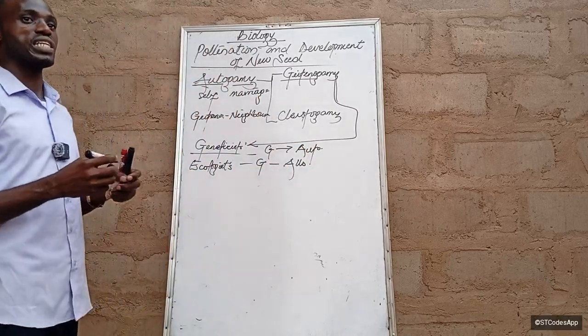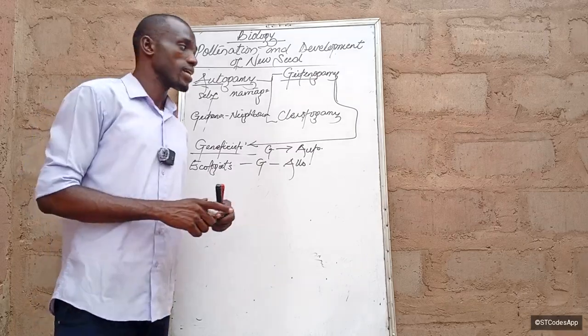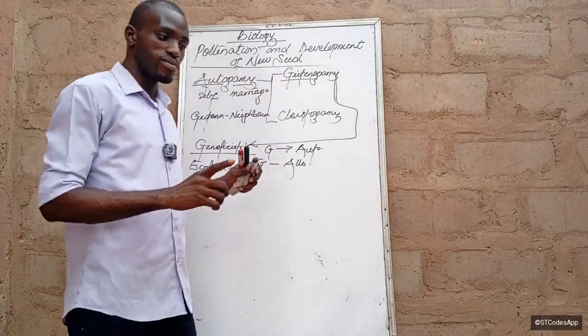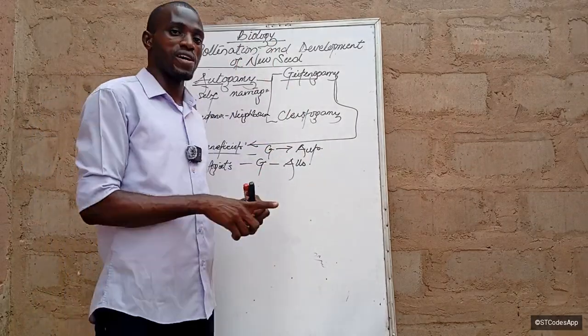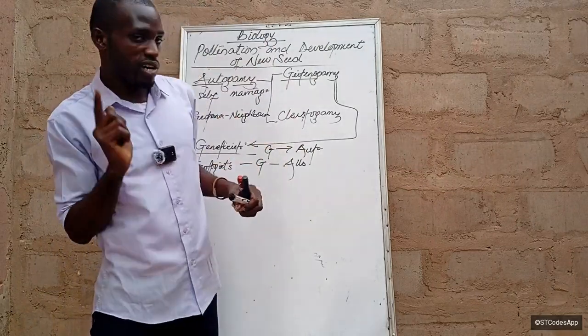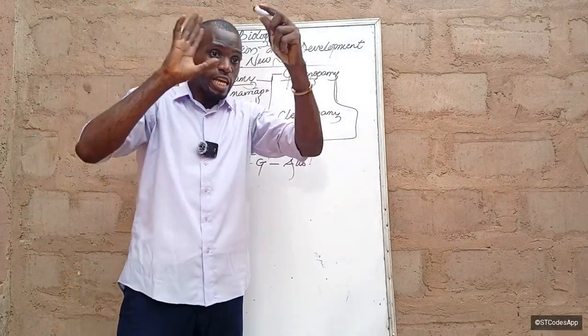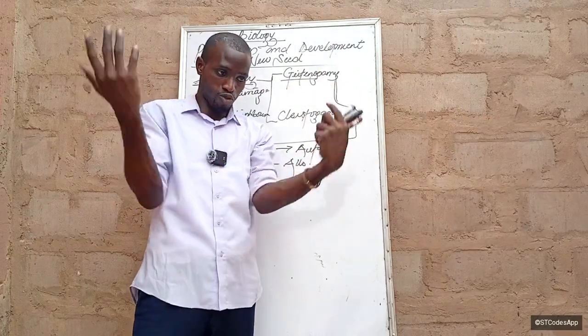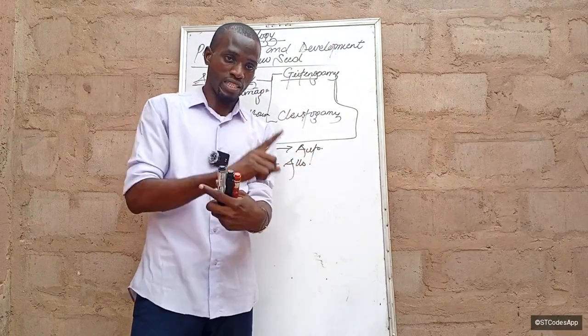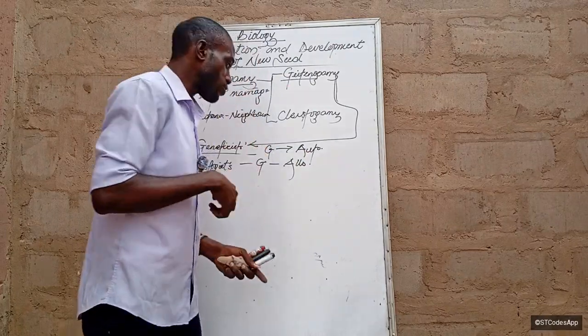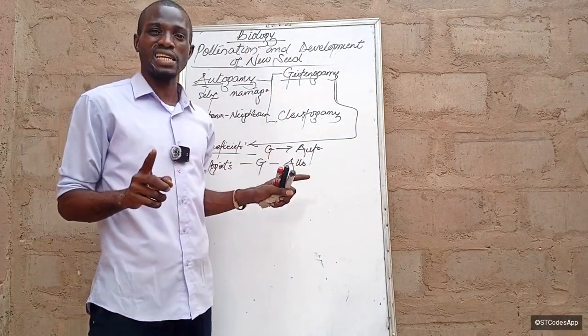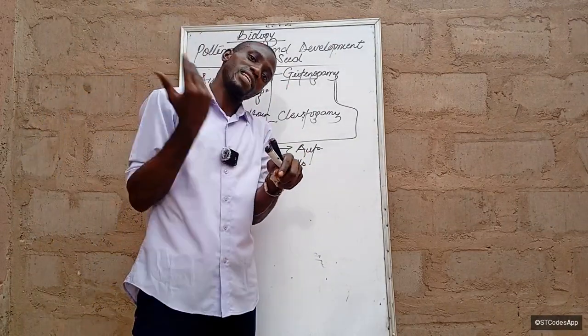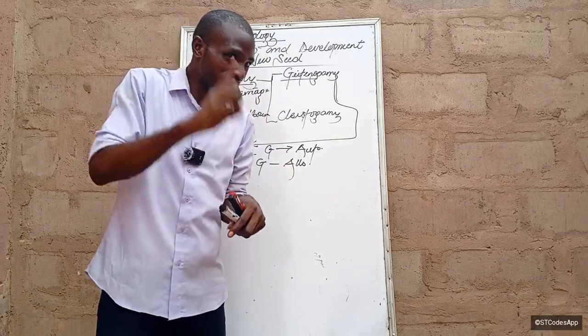Why? Because a geneticist will say that the pollen grain is going from the anther of one flower to the stigma of a neighboring flower, which is still on the same branch, the same tree. The same tree, but there's another flower on it. So the geneticist is saying that all the flowers have the same genetic composition on the same plant.